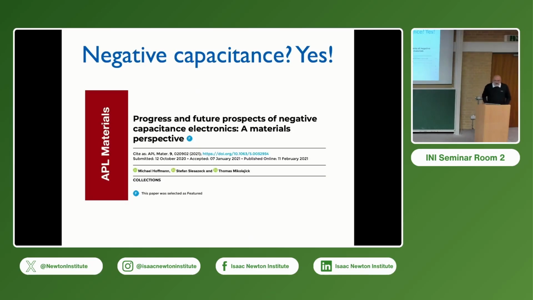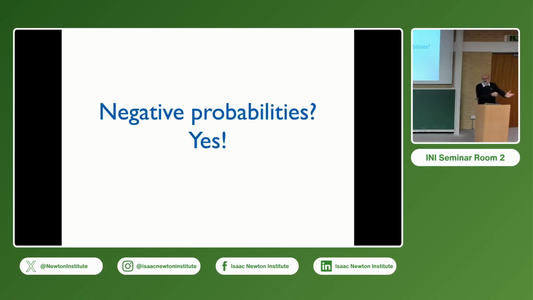Recently there was a paper published and republished in some other journals also, because it is very interesting, on negative capacitance electronics. So basically negative capacitance comes to our real life. And so knowing all that, and taking into account also the existence of signed measures, and probability is a measure, we have an answer. So why not consider negative probabilities in this sense?